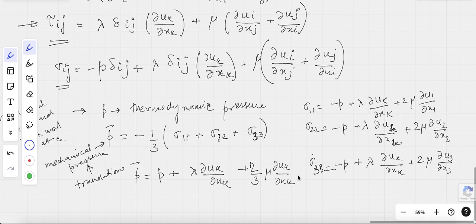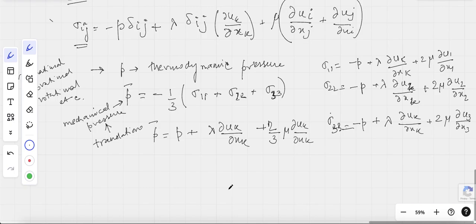It also becomes k because 1 2 3 and 1 2 3 over here get added, and this is k.